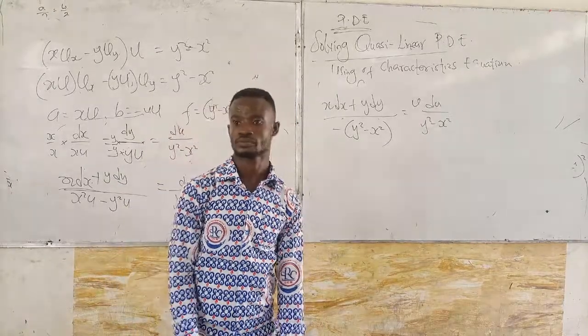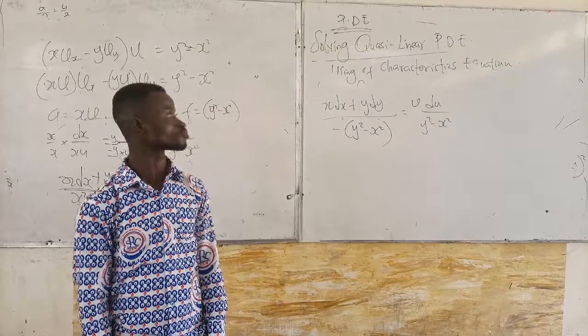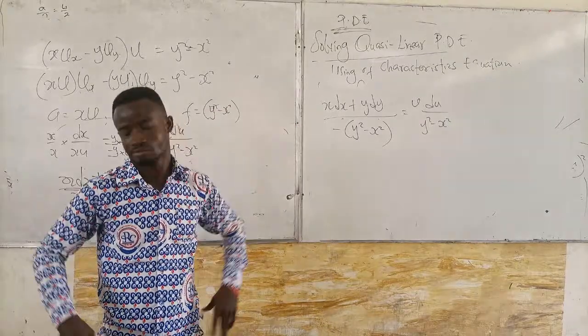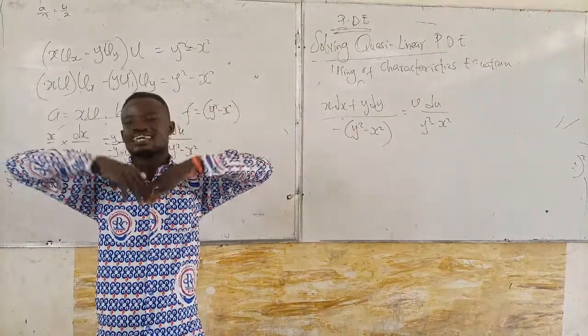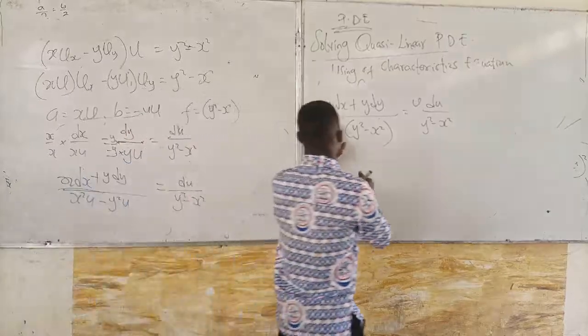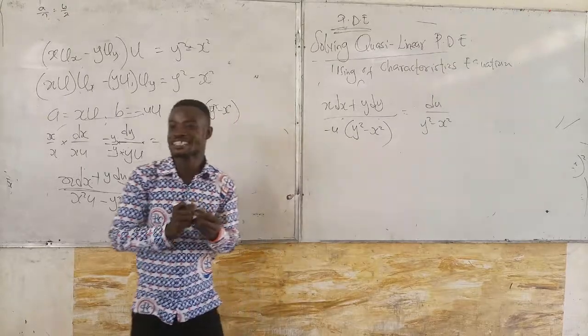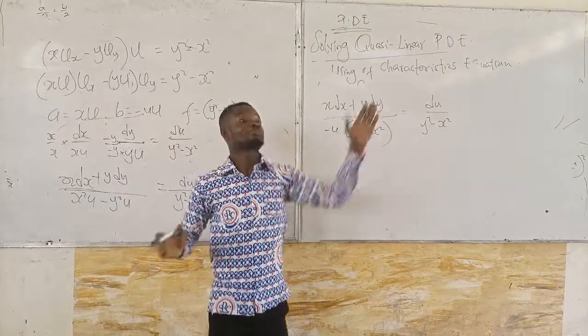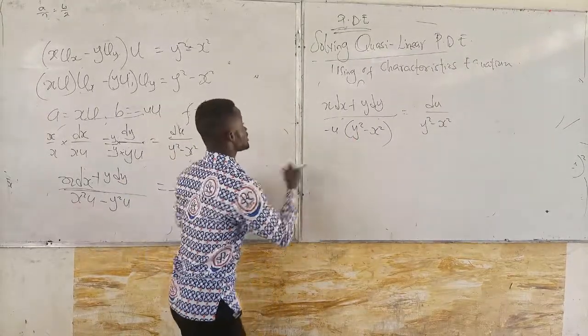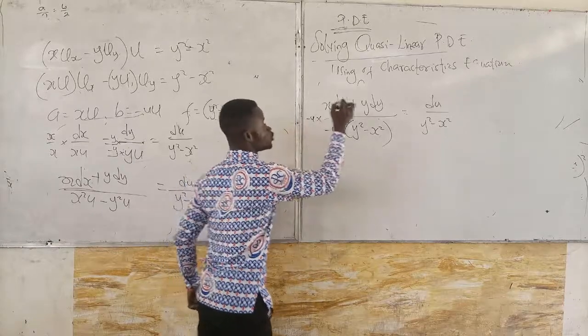Why do you take the negative u? In the same way, multiply 2 by negative u.